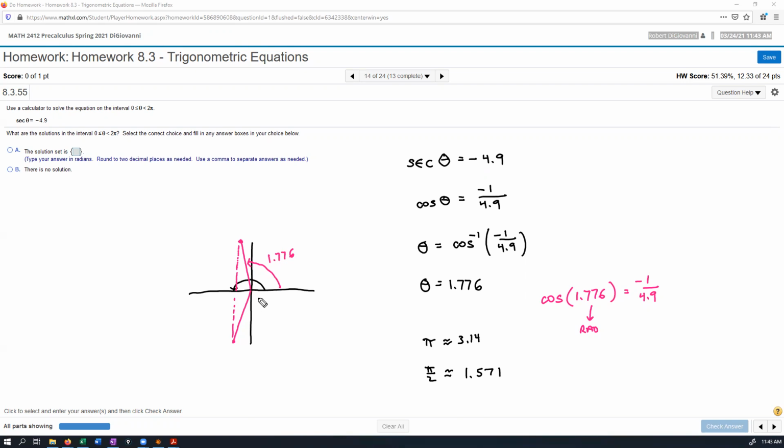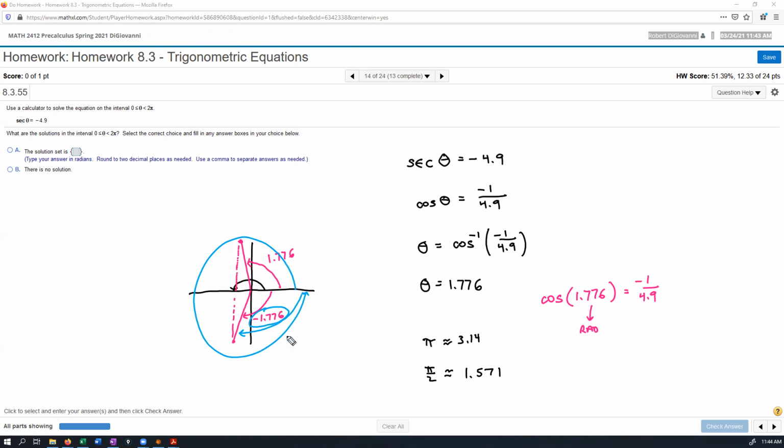The way we do that is, if this right here, from here to here, is also 1.776 but negative because it's going backwards, we can imagine going all the way around to here, but then going backwards by negative 1.776.